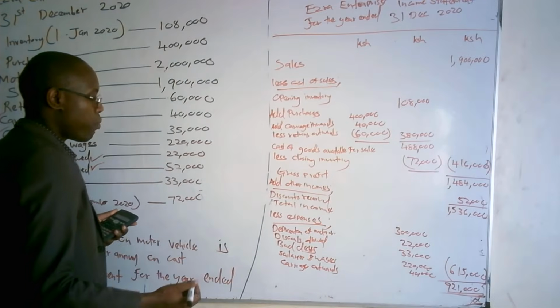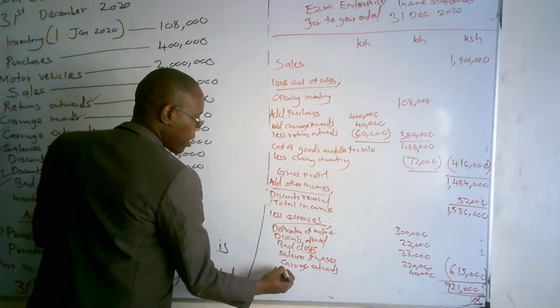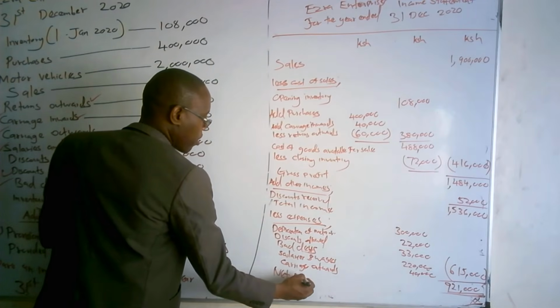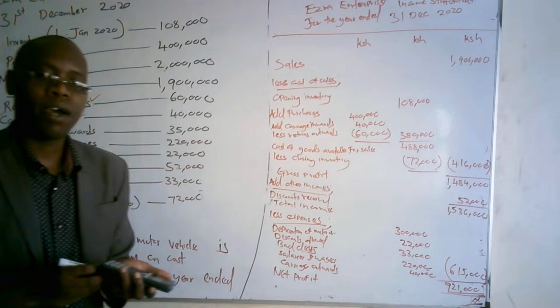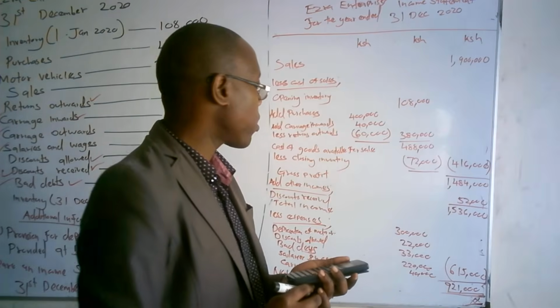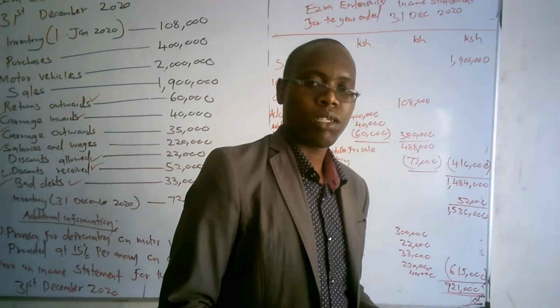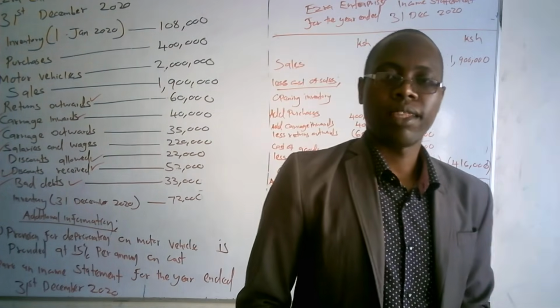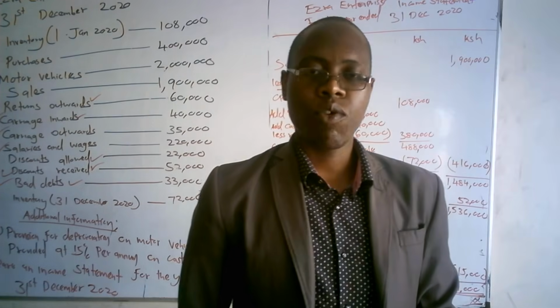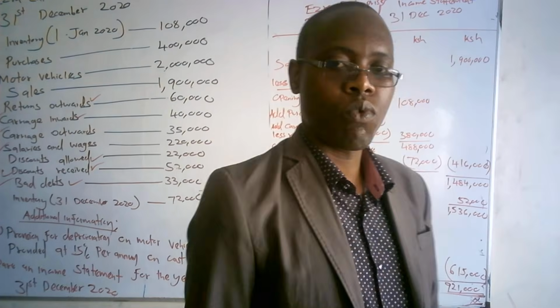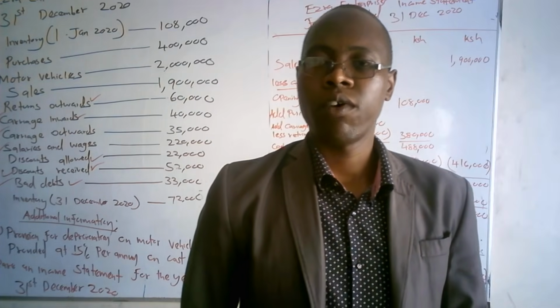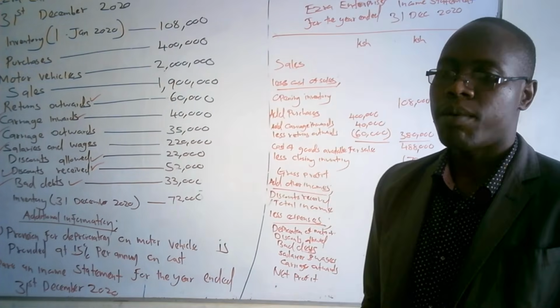Because it's a positive answer, that is a net profit. So that's how you prepare the income statement, and that is the format of preparing that particular income statement. So that's how we prepare it, the format and the question, so that question can help you in revising for your exams.